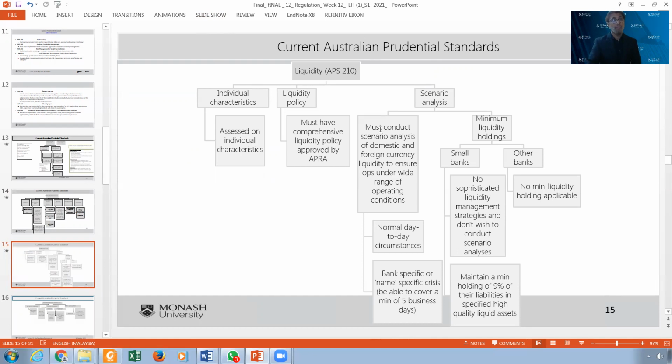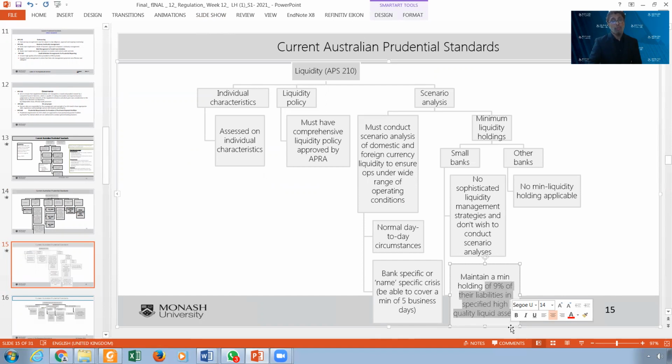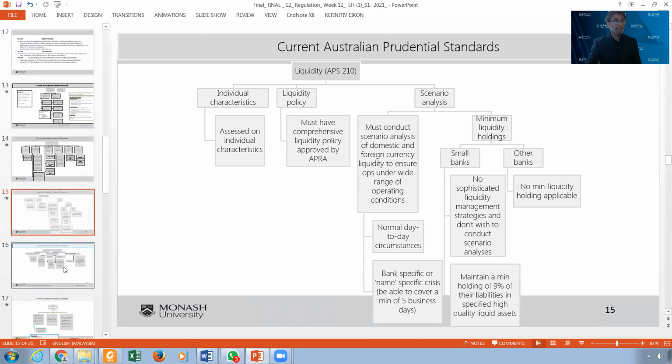But if you don't have that, you have to have 9% in Australia. If you are a small bank and you don't have the expertise to show that you are actually able to manage your purchase liquidity, your stored liquidity, and you're fully planning for liquidity, then just keep 9% as a buffer of your total assets.